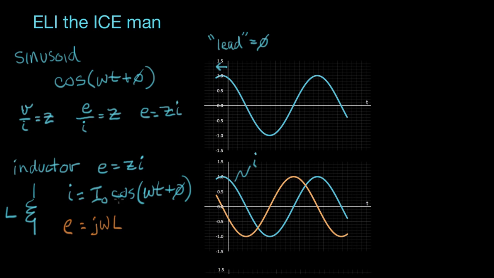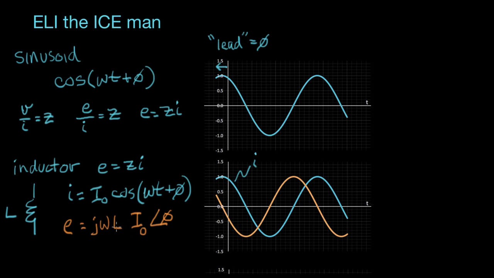And what is I? I is sitting right here. And I'm going to represent I as a phasor, or a phasor representation. And we said that that could be represented as I, the magnitude of the current, indicated at the angle of phi. So these are equivalent representations of I. This is the time domain representation, and this is the phasor representation.